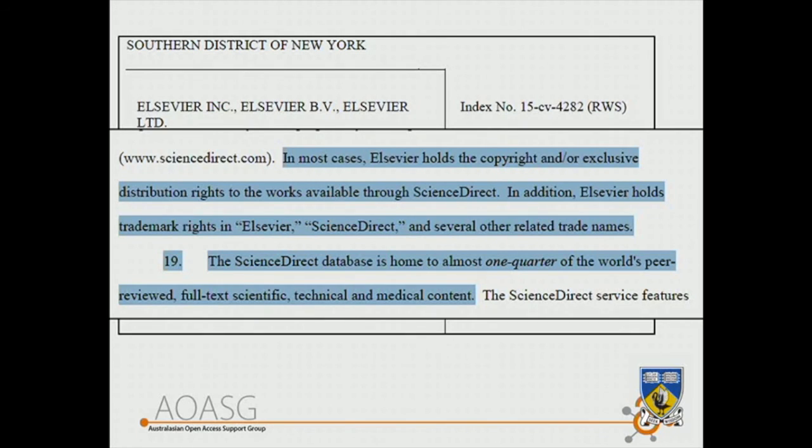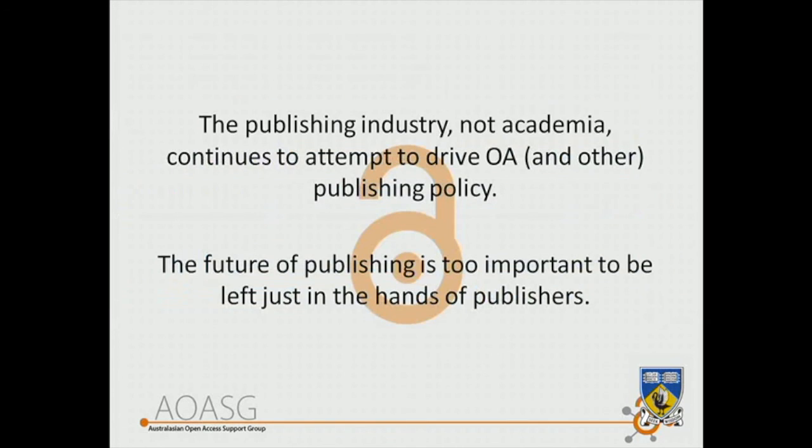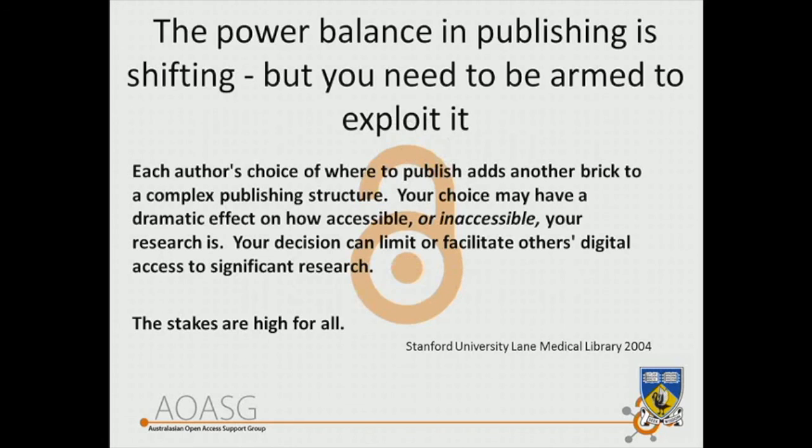My feeling is that this is what's happening right now: the publishing industry is trying to drive a lot of public policy in this area, but it is incredibly important that we have a bigger discussion, and that it's not just the publishers who do it. This was a slide from a library in 2004, the Stanford Lane Medical Library, which I'm very fond of.